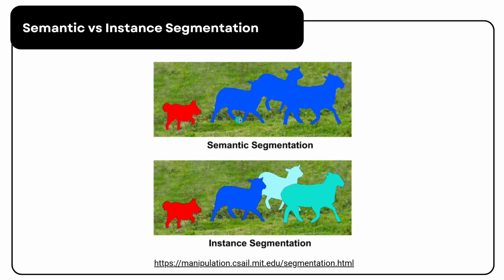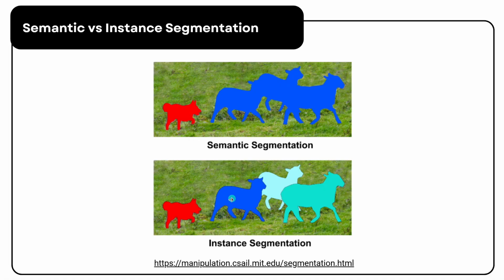Every pixel that belongs to a ship, for example, is labeled the same, in this case in blue. It doesn't matter how many ships there are, they're all treated as one class. This is useful for general understanding, like how much of the image is grass, road, or sky.